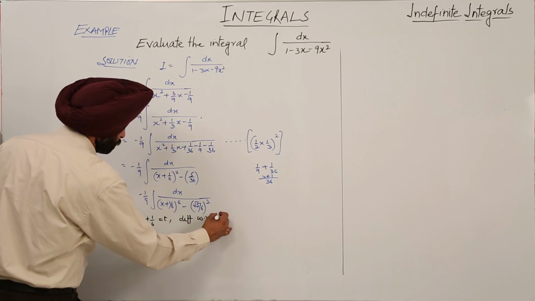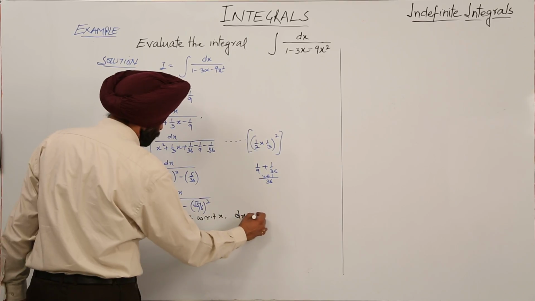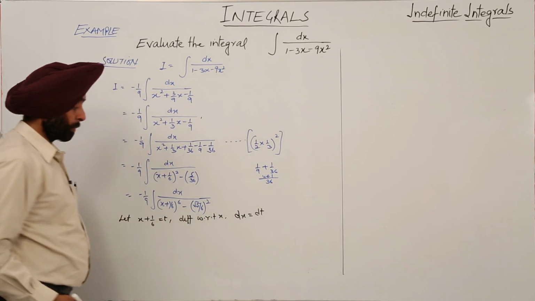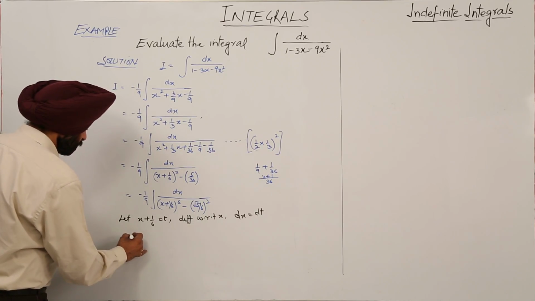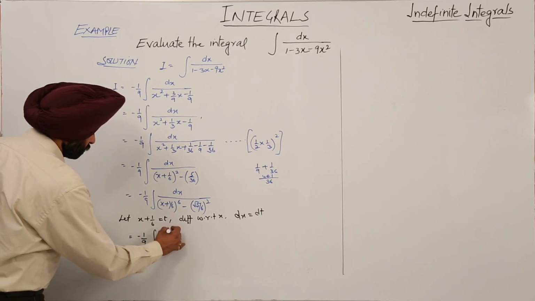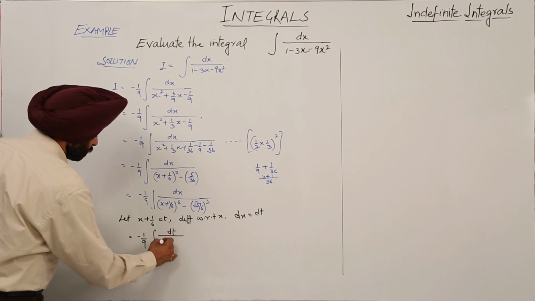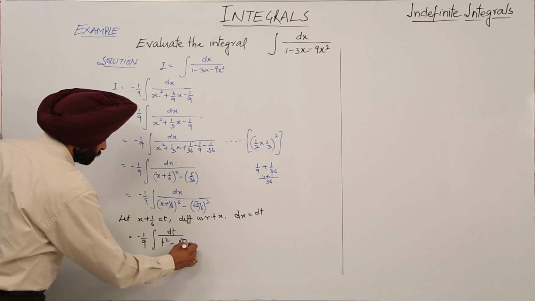Differentiating with respect to x, dx is equal to dt. Now the question reduces to minus 1 by 9 integration of dt upon t square minus root 5 by 6 whole square.